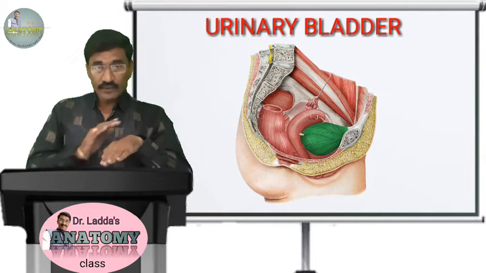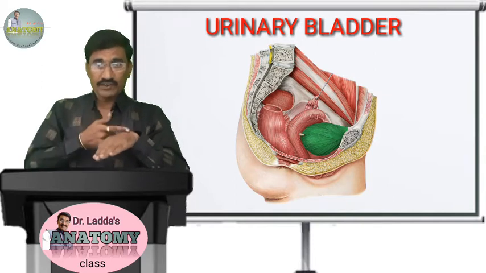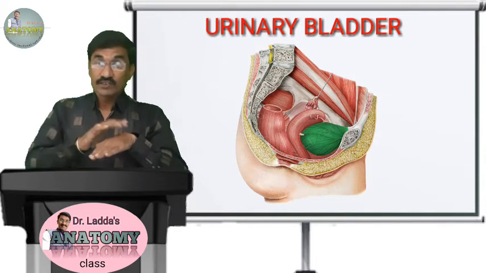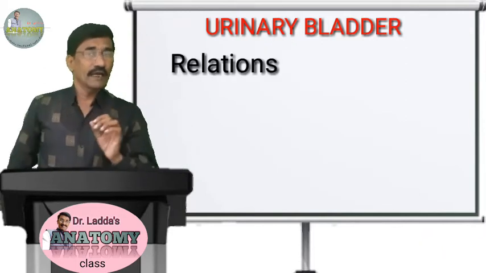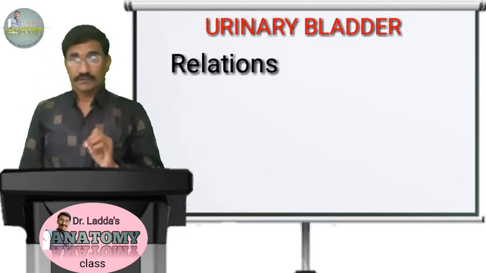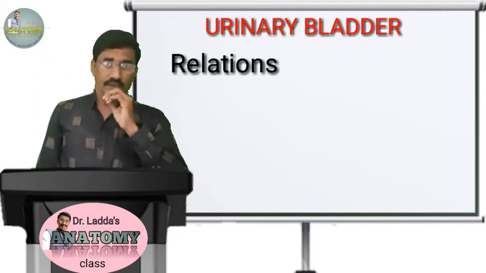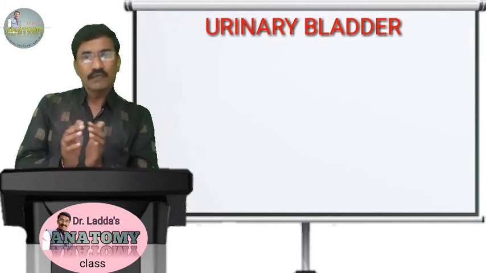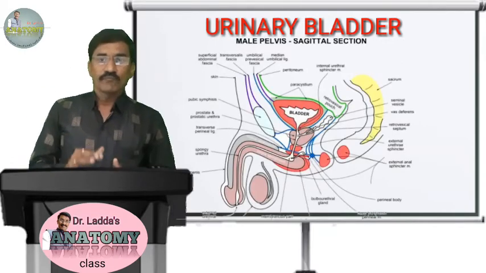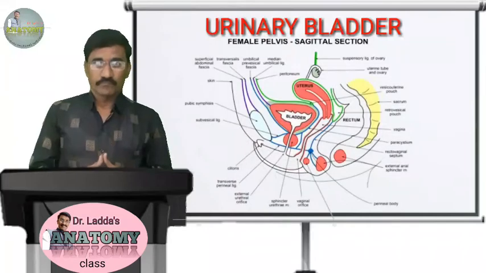We know friends, the urinary bladder has apex, base, neck, surfaces and borders. Now all these portions have their own relations. Before proceeding with the relations of the urinary bladder, let's have a little look at the pelvis of male and the pelvis of female.